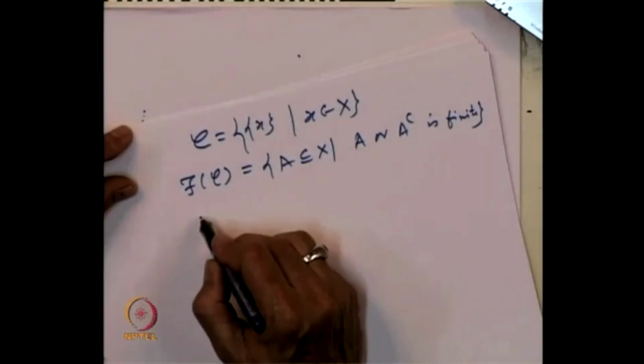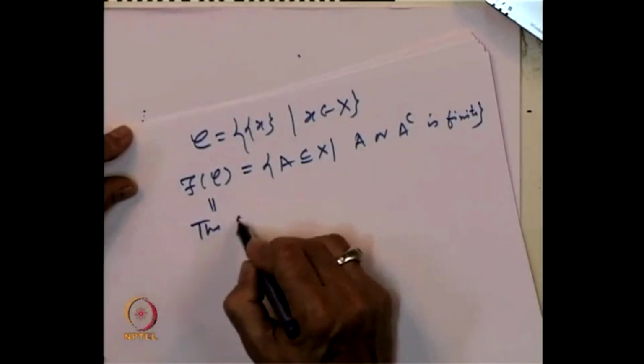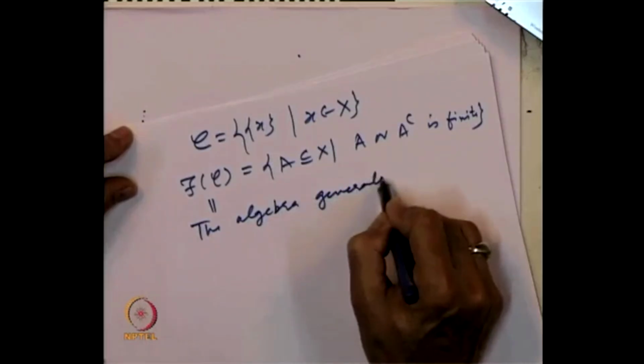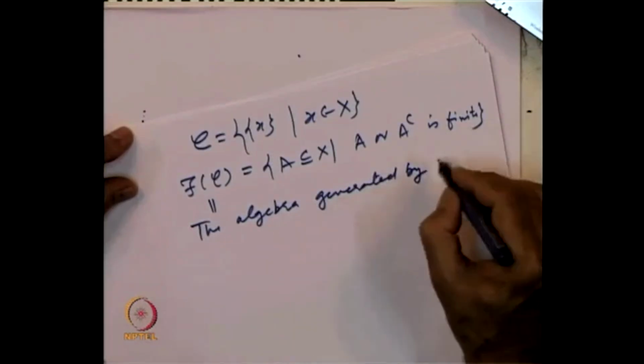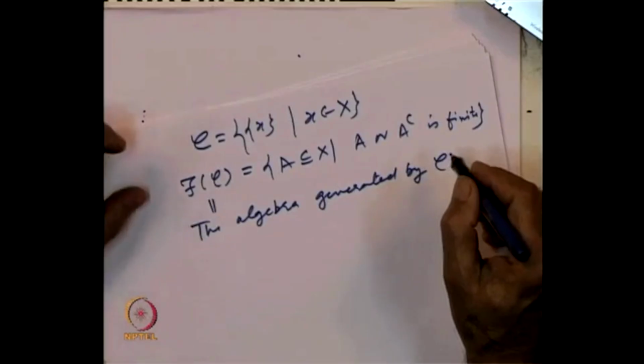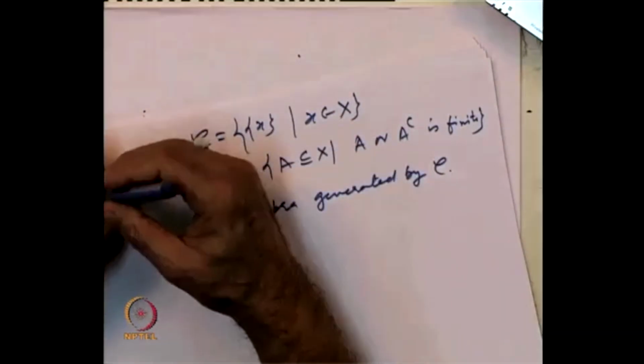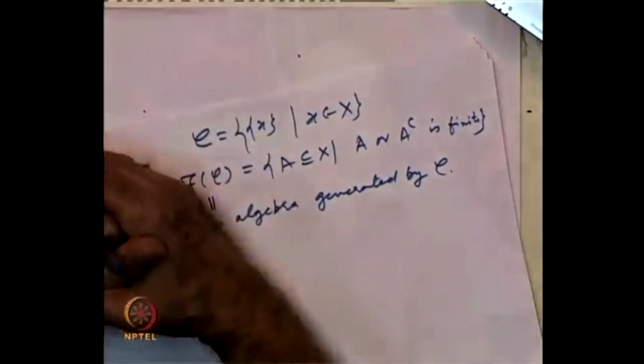So this is the algebra generated by C. So we have computed, we have described the algebra generated by a collection C of singletons of a set X.